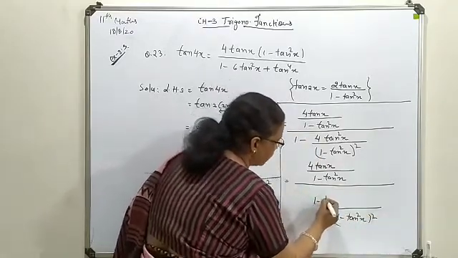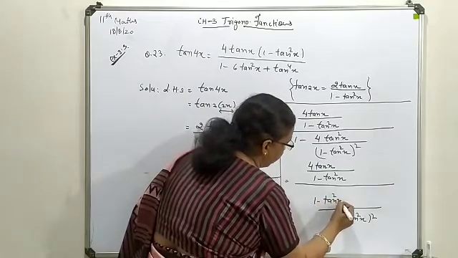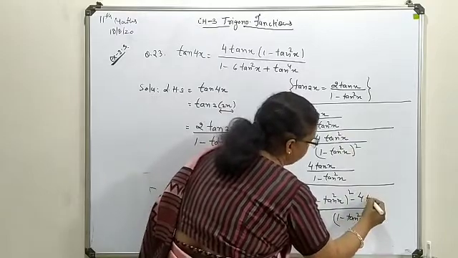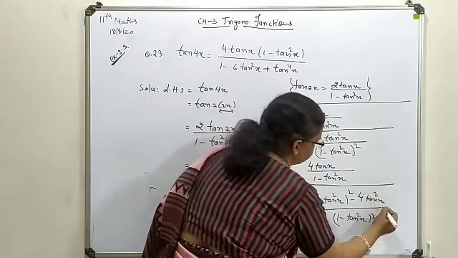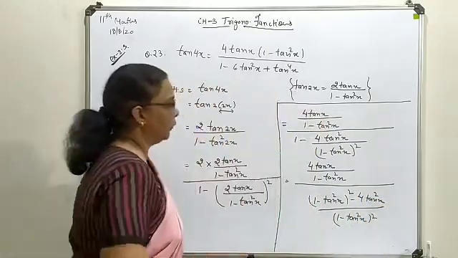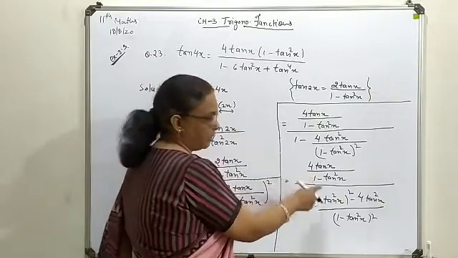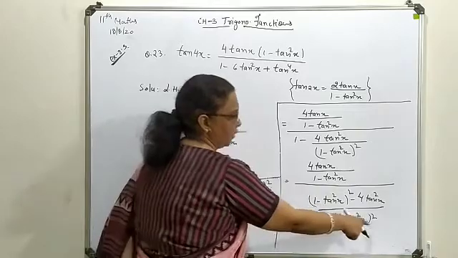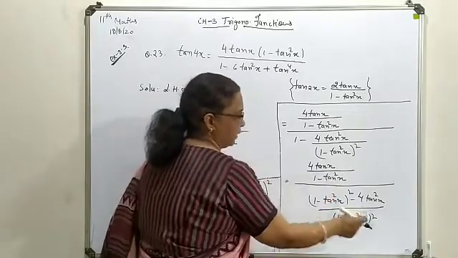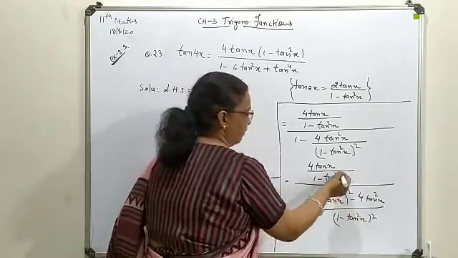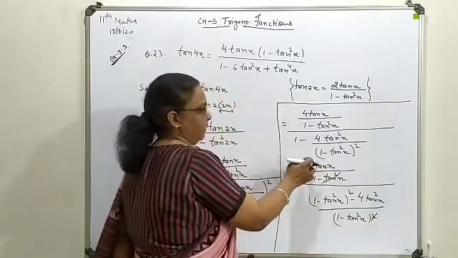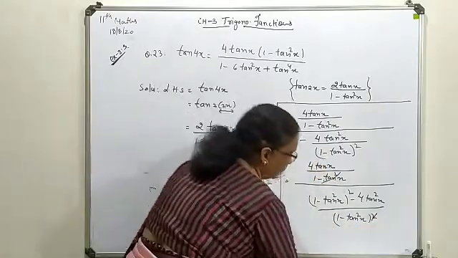So 1 minus tan square x whole square. This 4 tan square x will remain as such. Now you can see in denominator, both numerator as well as denominator are carrying the same term, but here the square is there. So this one term will cancel and it will be inward. So this one bracket you cancel and this remaining one you will multiply with this numerator 1.